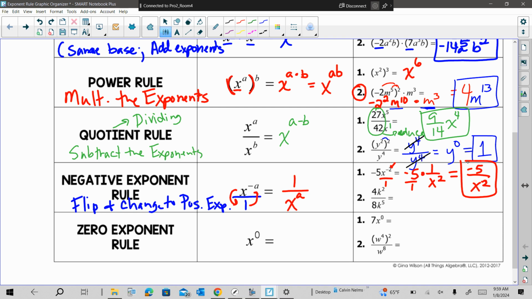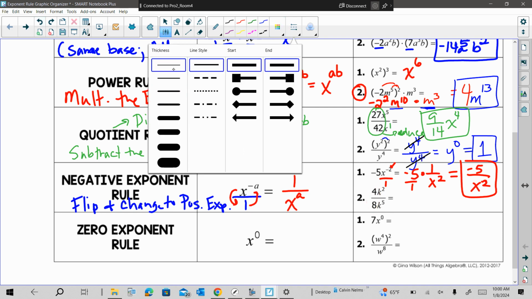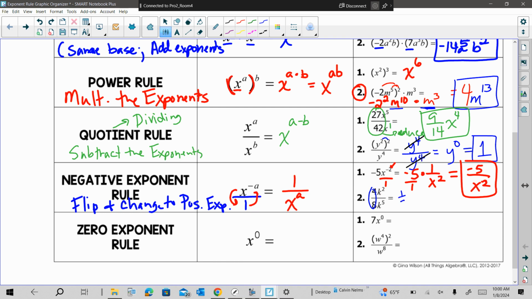All right, so we're going to do the quotient rule first. You're going to simplify 4 over 8. That turns into 1/2. I'm just going to change the color, guys, so you don't get confused. All right, then I'm going to subtract. k to the second power minus k to the fifth power turns into k to the negative 3 power.